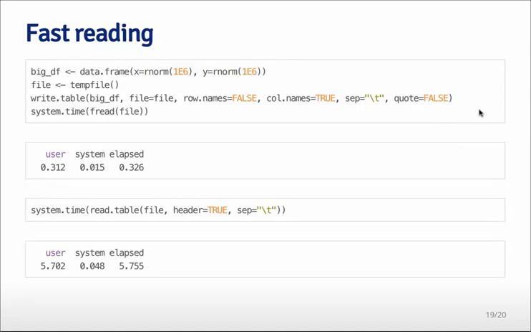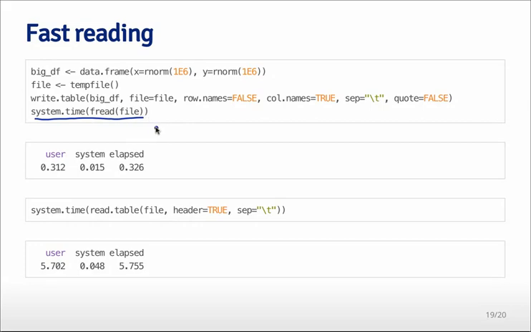It can also be advantageous to use data tables if you want to be able to read things fast from the disk. So here I've created a big data frame, so it's a data frame with two very large variables in it. And then I set up a temporary file with this command right here, and I write our big data frame out to that file. Then I'm going to time how long it takes to read it in using the fread command.